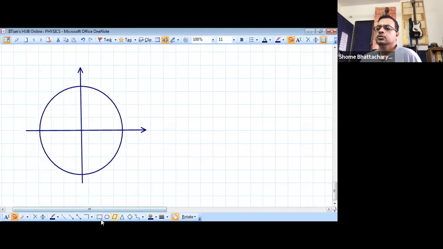Okay. So suppose we have a circular path like this, of a certain radius.